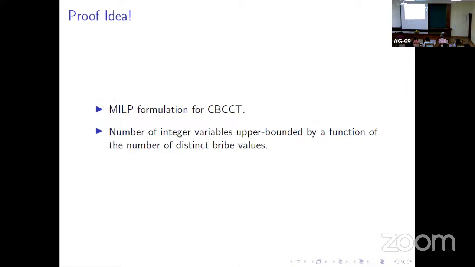The proof idea goes like this. We formulate our problem as an instance of MILP, and then we prove that the number of integer variables that occur in that MILP is upper bounded by our desired parameter, which is the number of distinct bribe values in this case. So how did we define the MILP?